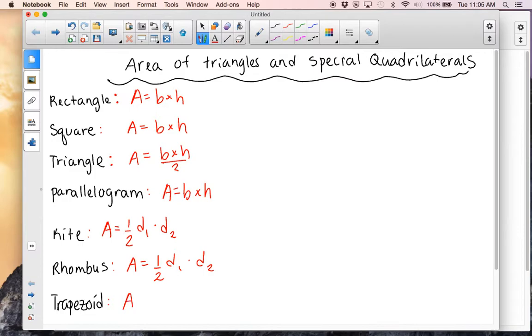And for a trapezoid, you have base 1 plus base 2 divided by 2, it's the average of the bases, times height. Okay, so now let's look at a couple examples over here. And I wanted to remind you that for a parallelogram, remember that the height is the line that makes a right angle here. That's the height.